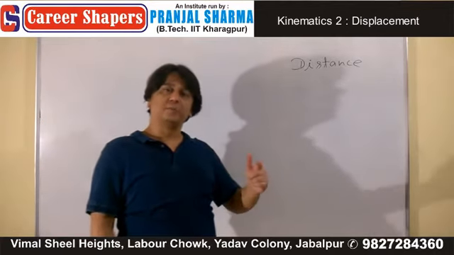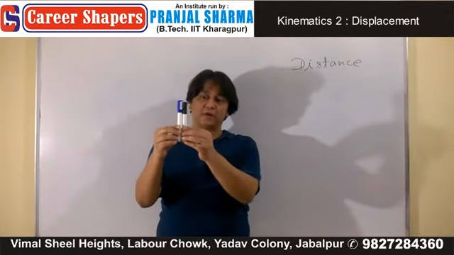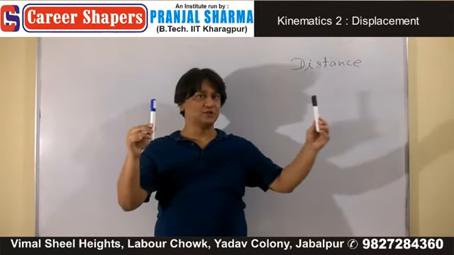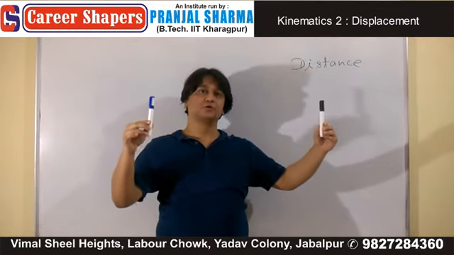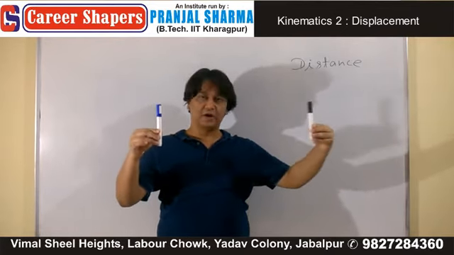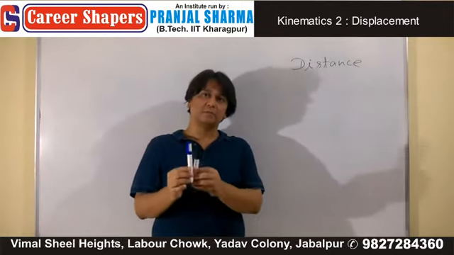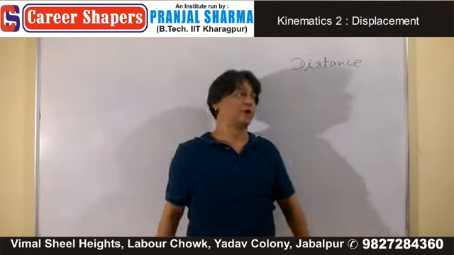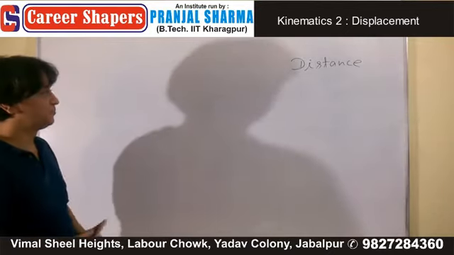If an object is moving, let's say this is the starting point, then distance will increase. If it stops, distance also stops increasing. If it comes back, then distance is not decreasing, it is still increasing. Distance is basically path length.